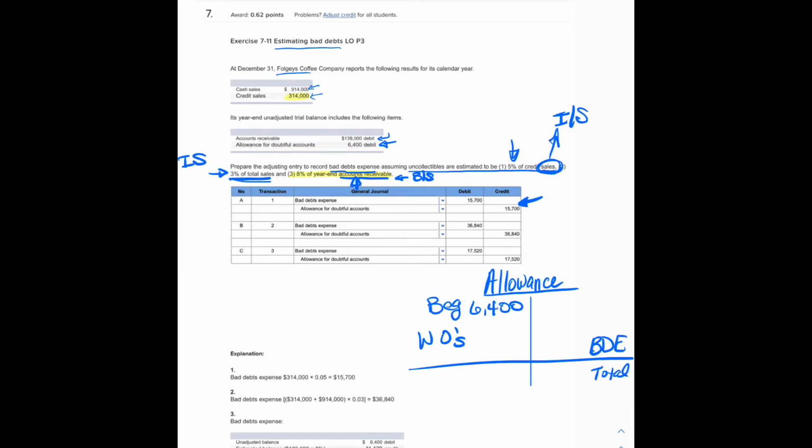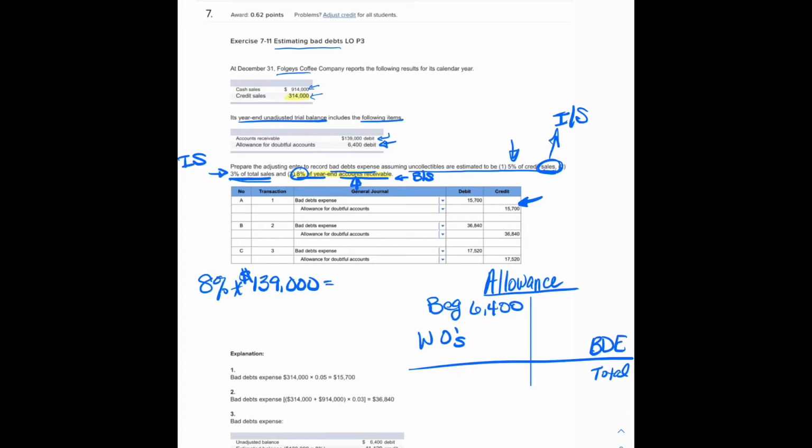The question then tells us we use 8% of year-end AR, and they were nice enough to tell us the year-end unadjusted trial balance includes the following items. And one of those items was this accounts receivable balance. So I'll take 8% times my $139,000.